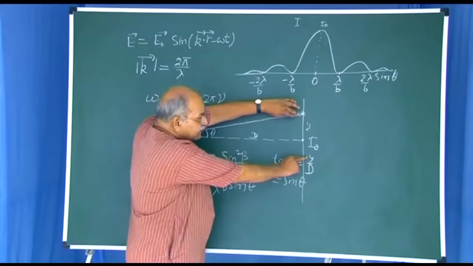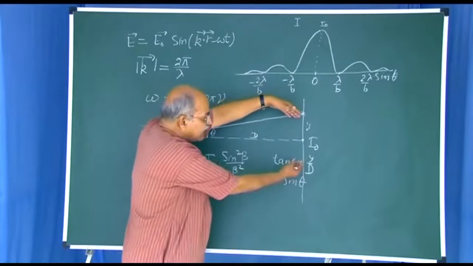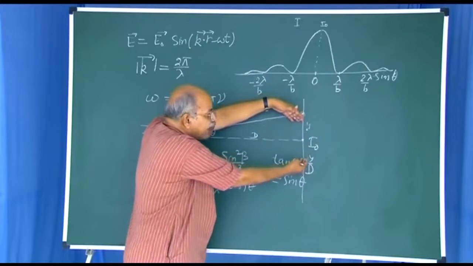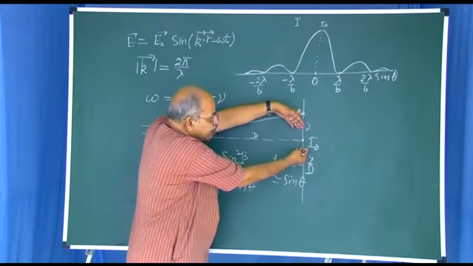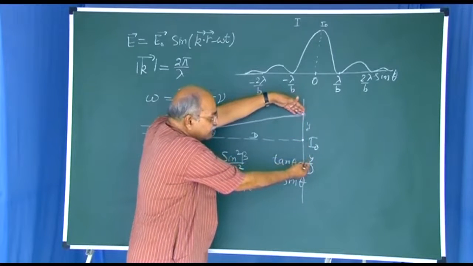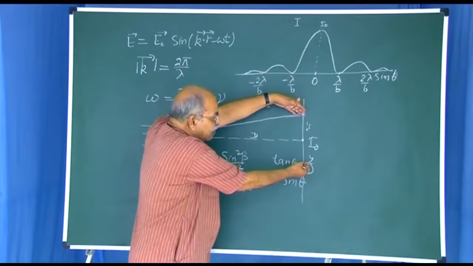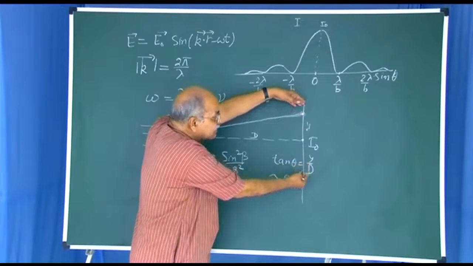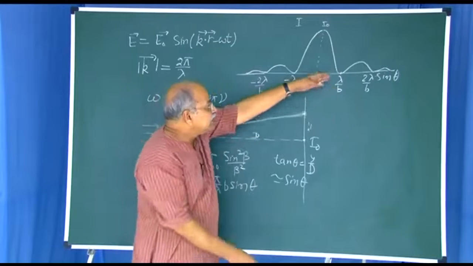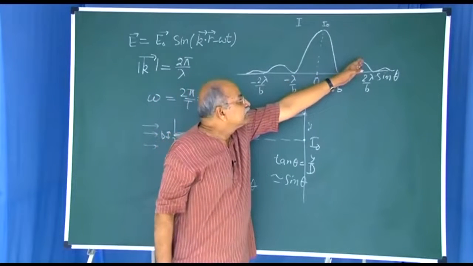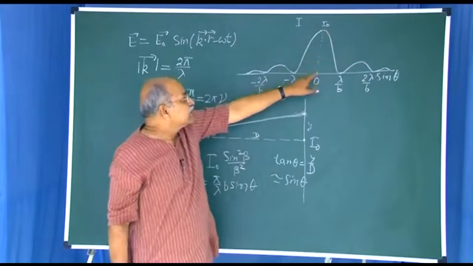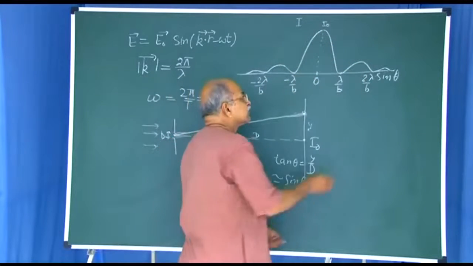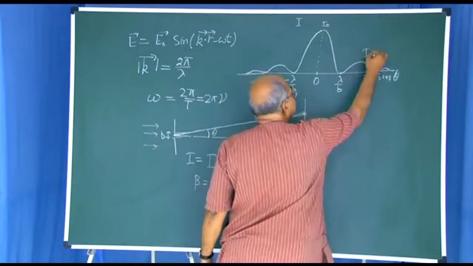So, from that place to that place, you will have a bright band, maximum intensity at the center, intensity will decrease and become 0 somewhere here. And after that again it should increase according to this figure. Again the intensity increases and becomes a maximum. Of course, not that strong a maximum, it is I naught here, this is almost I naught by 22 or so.